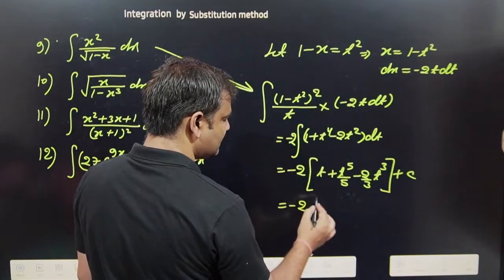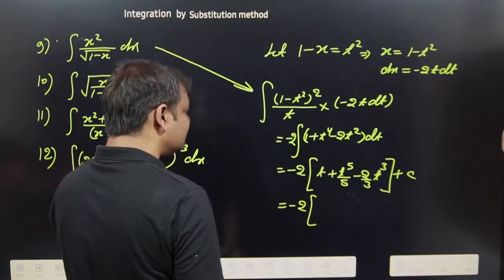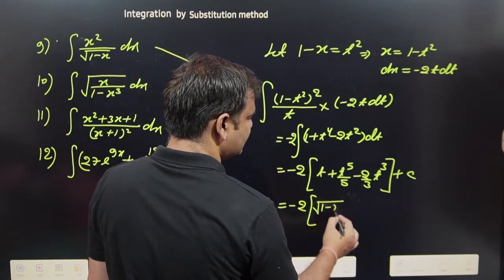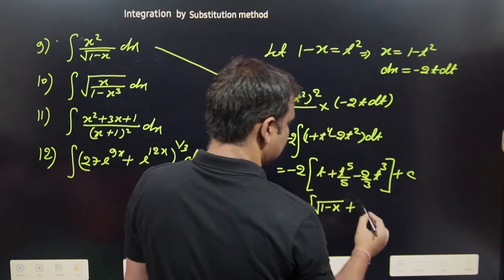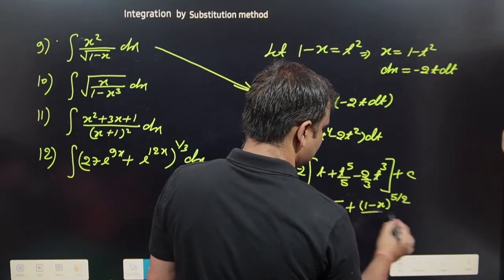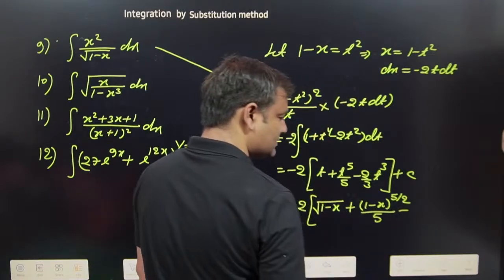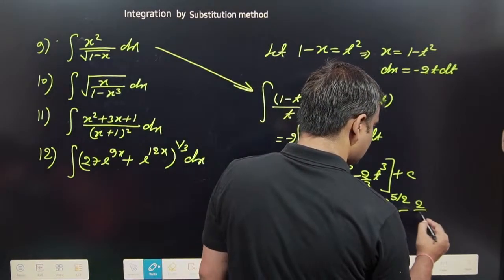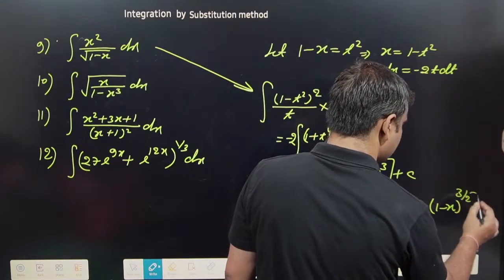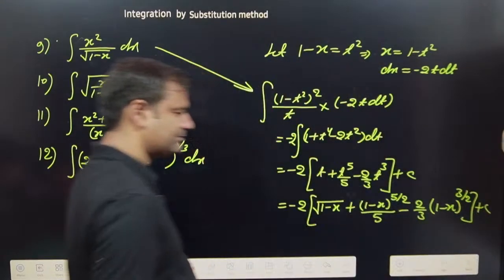Okay, after that this is written. What about t? T is basically root of 1 minus x, and here put (1 minus x) to power 5 by 2 divided by 5 minus 2 by 3 into (1 minus x) to whole power 3 by 2 plus c is the right answer.